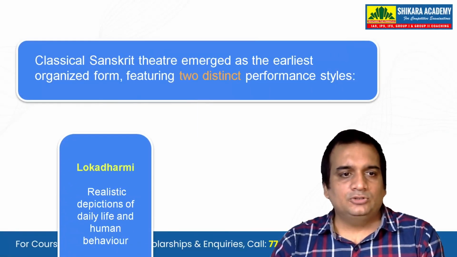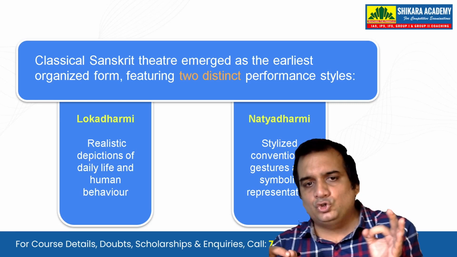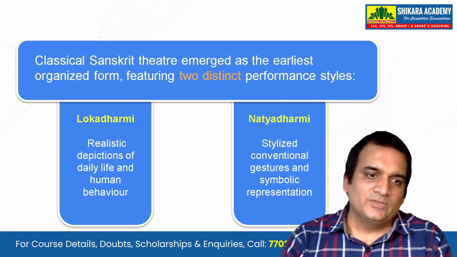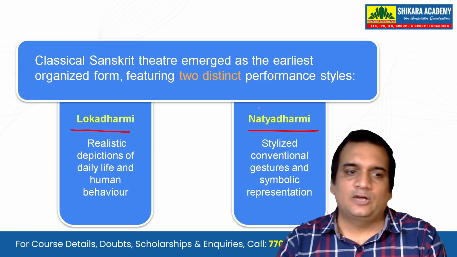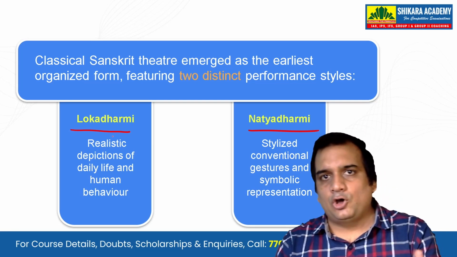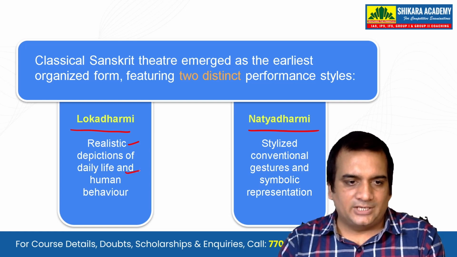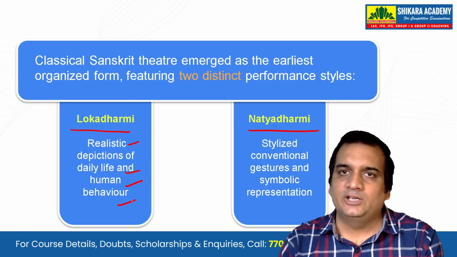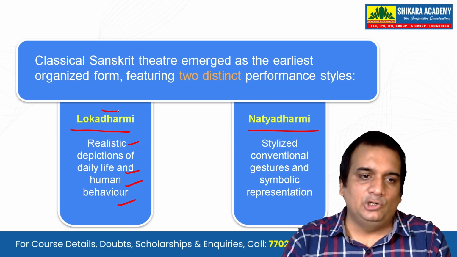Okay. So the classical Sanskrit theatre emerged as the earliest organized form, featuring two distinct performance styles. One is Lokadharmi and the other is Natya Dharmi. Now Lokadharmi, Lok basically means the people. So the realistic depiction of daily life and human behavior, where you depict it in a real way, that will be known as the Lokadharmi.